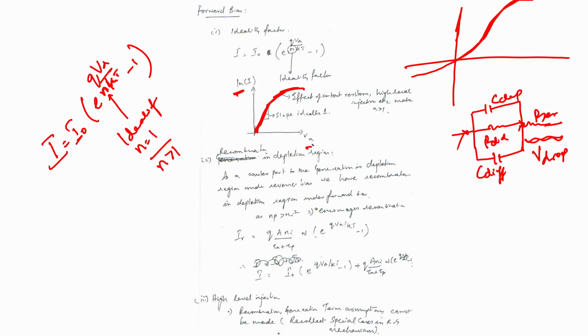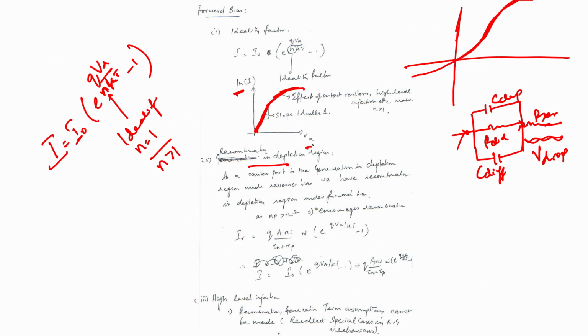Now, the second non-ideality in forward bias is clearly the opposite of what happens in the depletion region in reverse bias. In reverse bias the depletion region saw an encouraging of generation mechanisms as compared to recombination.